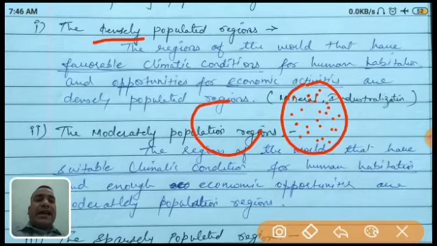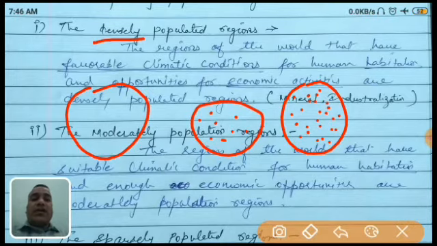If an area is moderate, not too high and not too low, it is called a moderately populated region. And if in that same area very few people are living, it is called sparsely populated. Sparsely in Hindi means dur dur, away away.